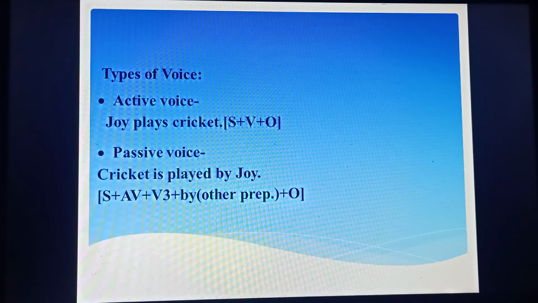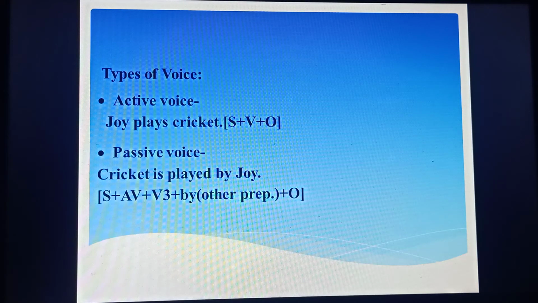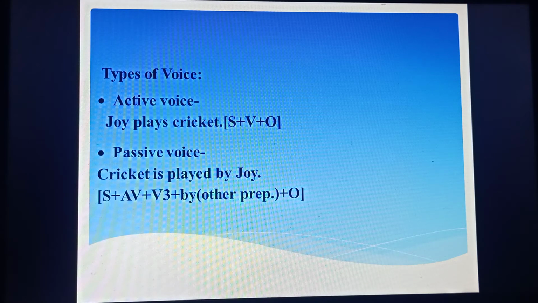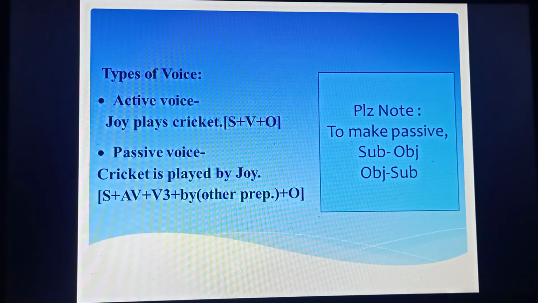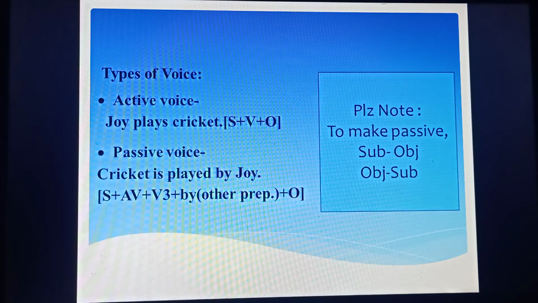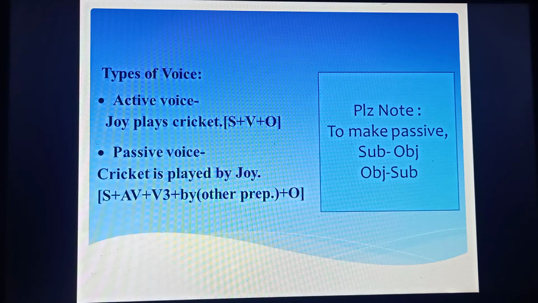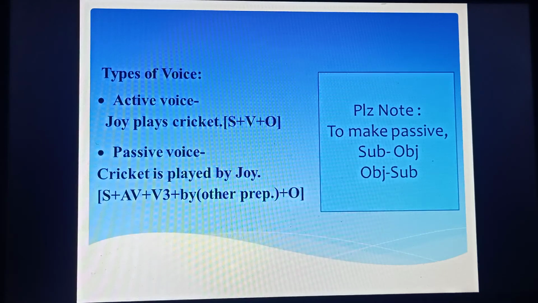The structure of passive voice is: first you have to use the subject, then the auxiliary verb, then the past participle form of the verb, then by plus the objective form of the subject. One thing you have to note: to make the sentence passive, the subject becomes the object and the object becomes the subject. You have to make this change.